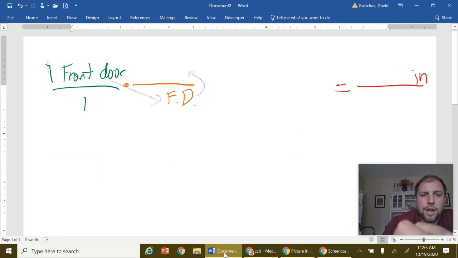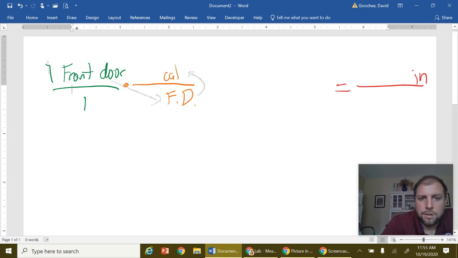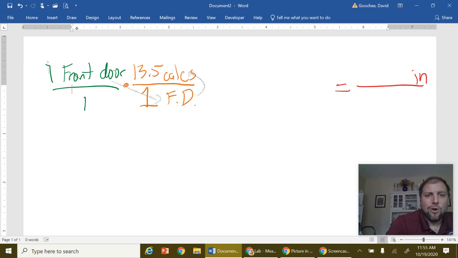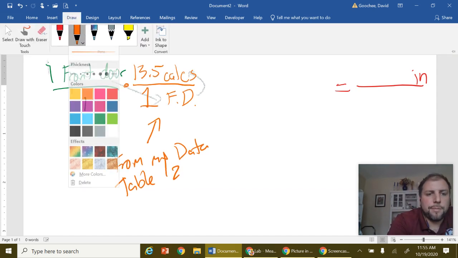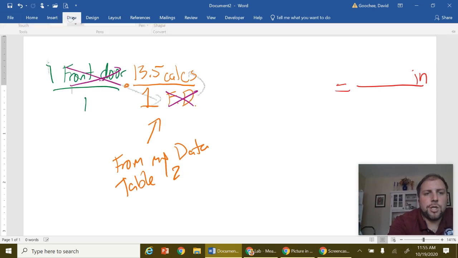So I can convert it into calculators. One front door is 13.5 calculators. Where did this come from? This came from my data table 2. We've now canceled out front doors, and we're now in the unit of calculators.